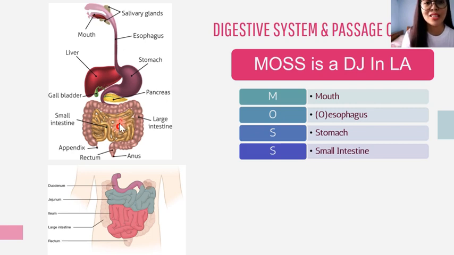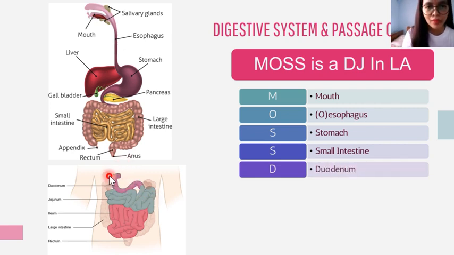Okay, and your small intestine is actually the organ of digestion. So it completes the process of digestion. Okay, and it has three parts. Okay, so these are the three parts that I'm talking about, starting off with the D. Okay, so D is for duodenum. Okay, this one is the duodenum. So it is the first part.